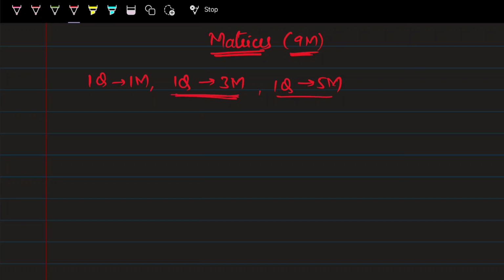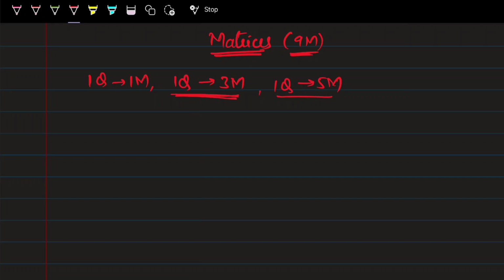See, for 3 marks question, there are some of the theorems that we have proved. That is, if A is a symmetric matrix, then A plus A dash is symmetric, and A minus A dash, that means transpose, is skew symmetric. That theorem can be asked to prove in the examination.